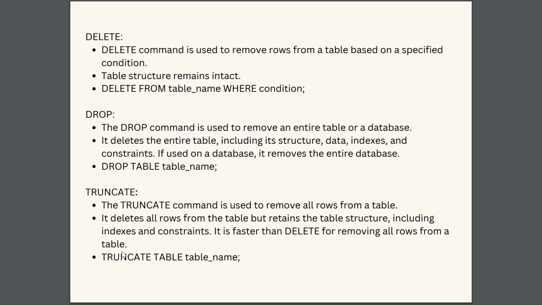Therefore, truncate will be faster than delete. The syntax for truncate is truncate table and we'll specify the table name. We don't have to specify any other condition. Only truncate table and the table name will delete all the records from a table. So this is the difference between delete, drop, and truncate statements.